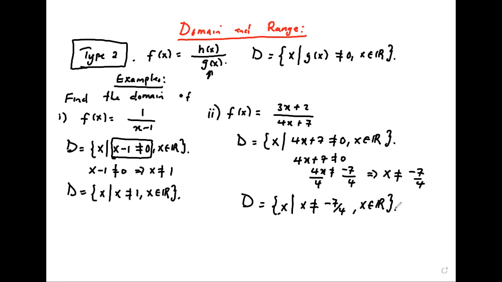Okay, a bit complicated one, so that we don't get used to simple things. f of x is equal to 1 over x squared plus 2x plus 1. What's the domain?